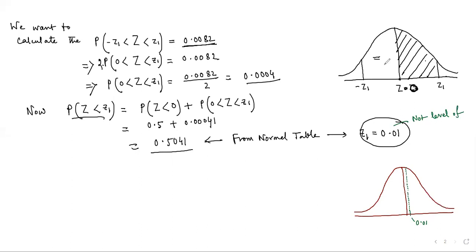Although we have seen level of significance like alpha equal to 0.01, this is something different. This is alpha, and the thing which I am doing over here is z, the value. So it is not a level of significance. Don't confuse yourself. You have to select your sample in such a manner that your calculated value of z gives you 0.01.